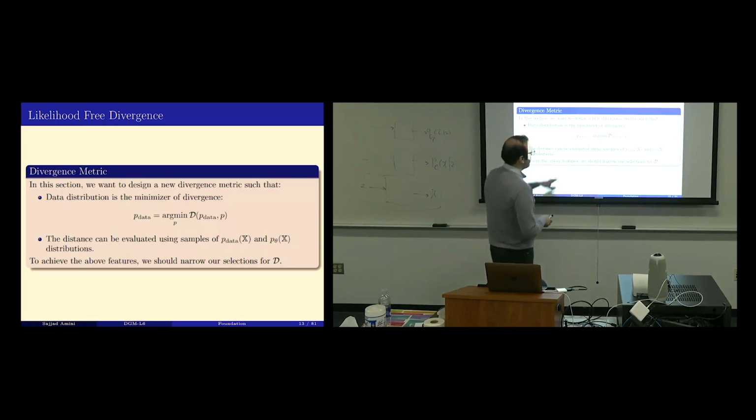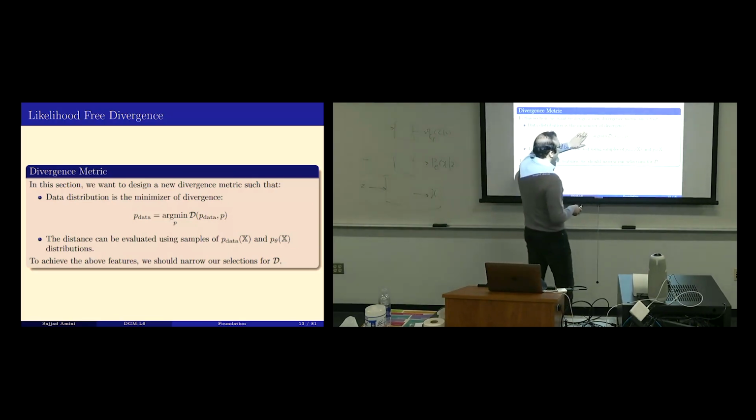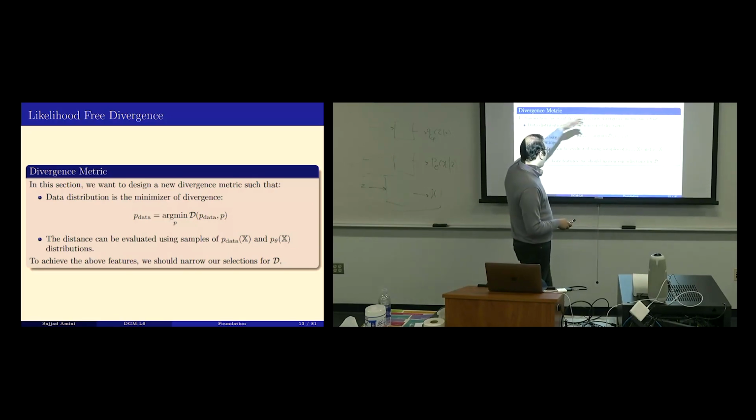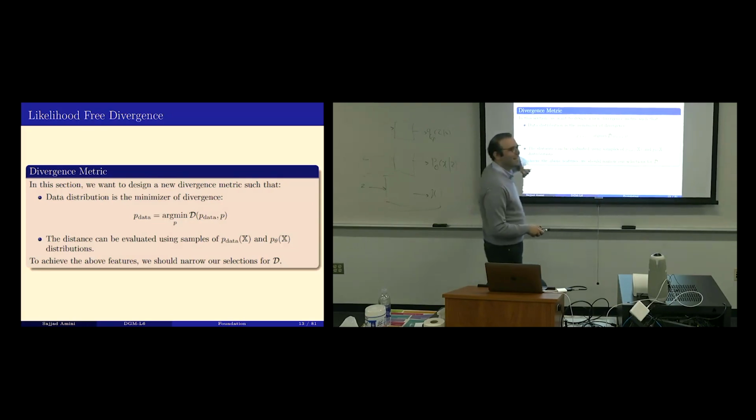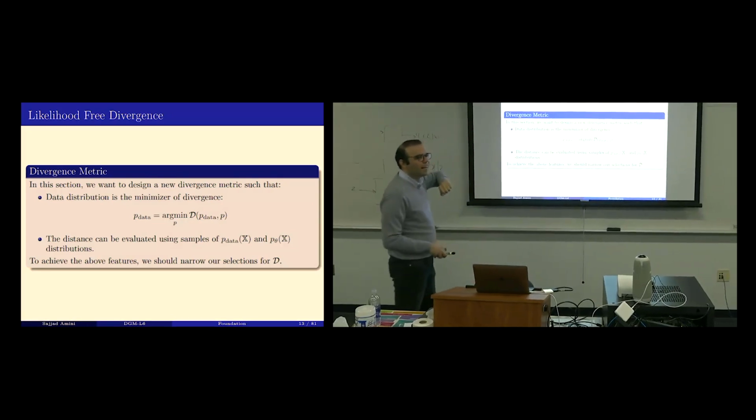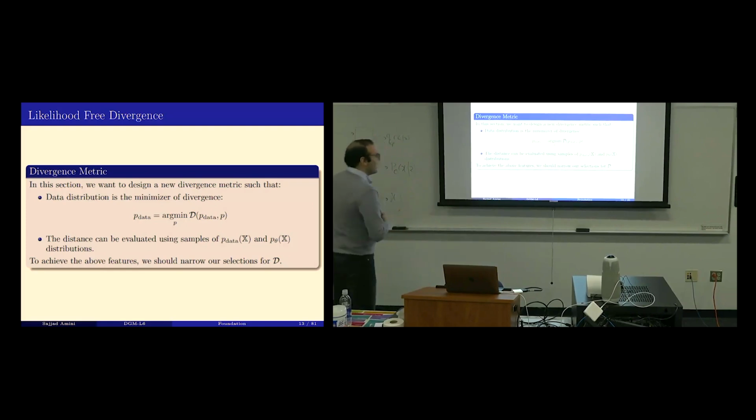It's completely wrong. This is not correct, I should omit it. I will update it. We just want this part: I have the minimization over p of this divergence, and p theta is the GAN model. P theta is exactly this G theta.